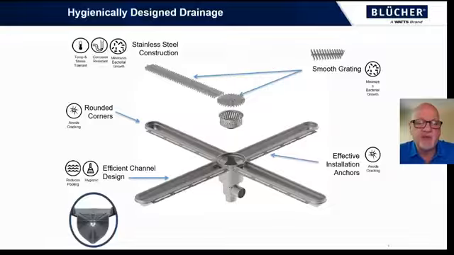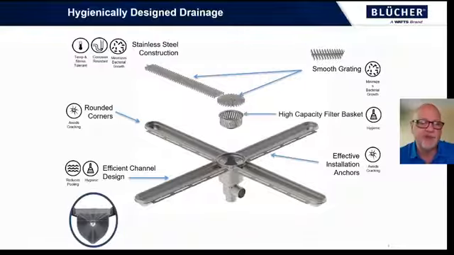And the Hygienic Pro also has the most effective anchoring system of any drainage product, securing it to the surrounding concrete slab, minimizing the risk of deformation, cracking, or separation from the surrounding concrete and the floor finish, which is another potential failure point when you see these units in operation. Finally, based on industry feedback, we have a high capacity filter basket to try and reduce production downtimes and the need to empty clogged filter baskets.